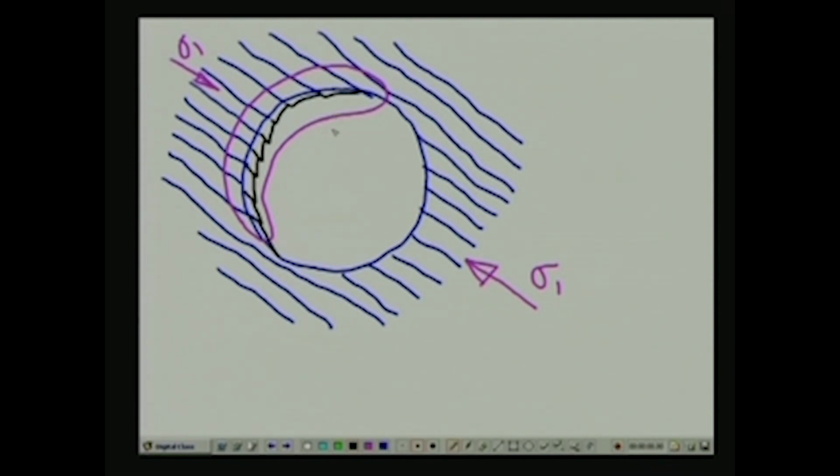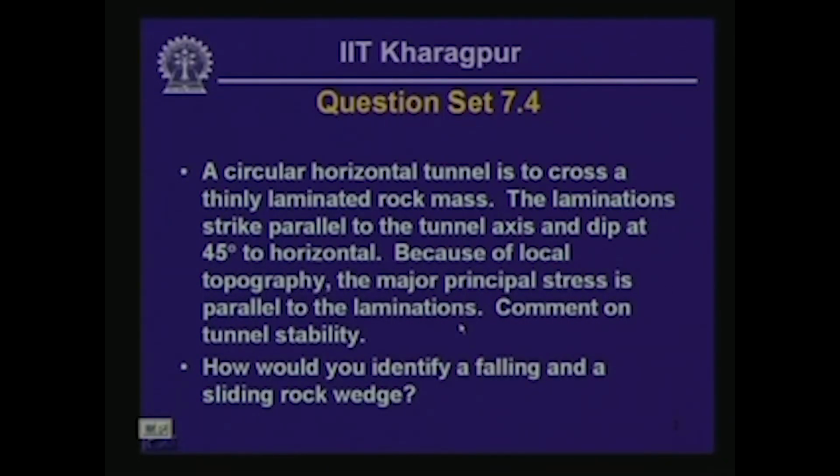You can notice easily here that the tunnel dimensions are going to be smaller than originally planned near the top and left of this particular configuration. So that is the answer to the first question.